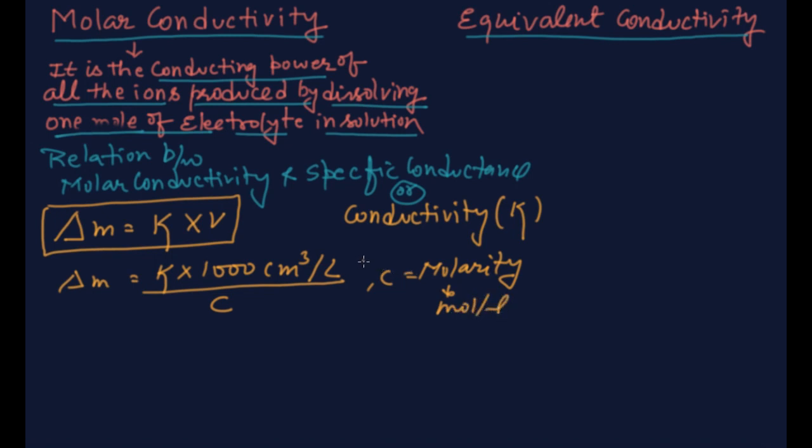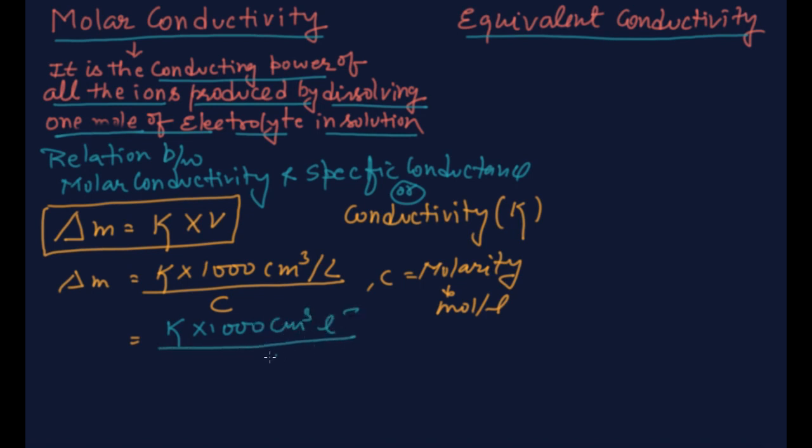Either a numerical on molar conductivity will come or its unit has been asked a number of times in the exams. In place of kappa it is kappa, then 1000 centimeter cube liter inverse.